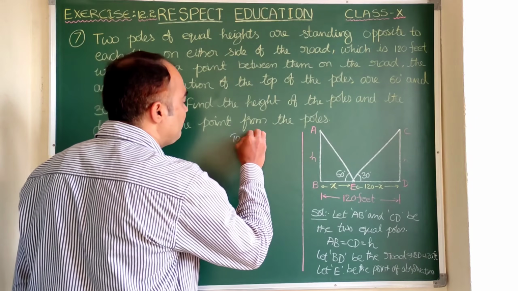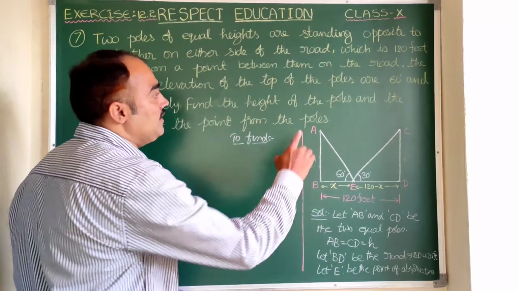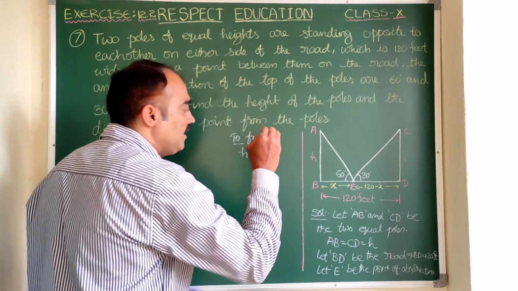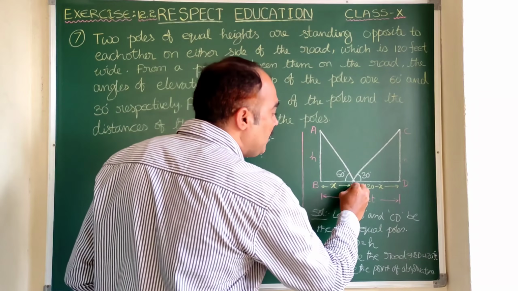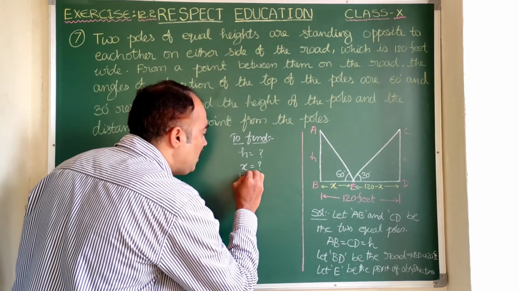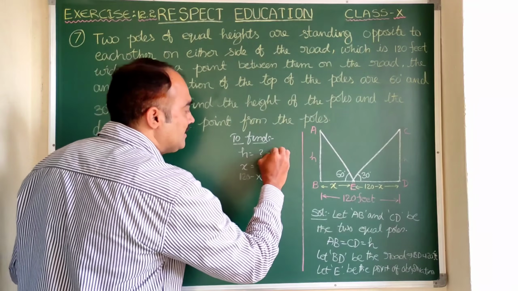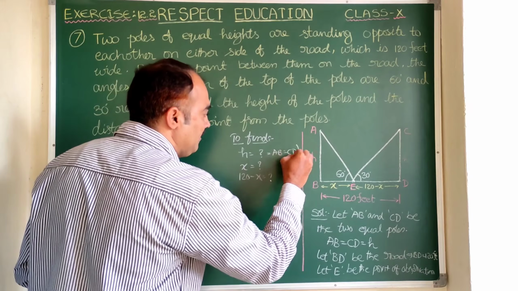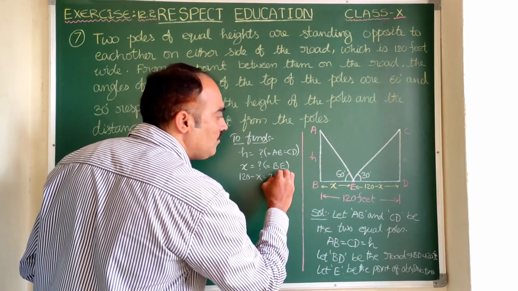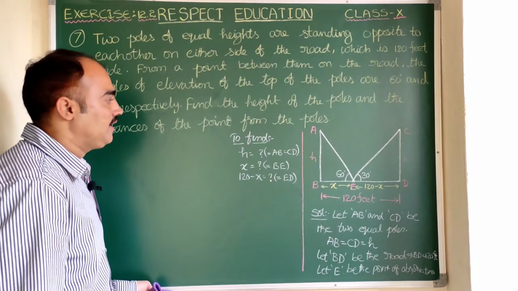To find the height of the poles means H is required, and how far is the point E from both the poles means we should find X, and also 120 minus X. Here H is AB or CD. Here X is BE. Here 120 minus X is ED. These are the values we are going to find now.